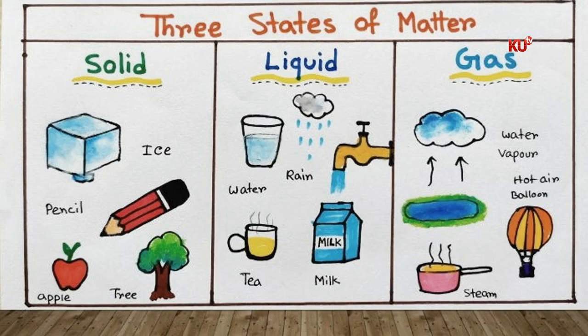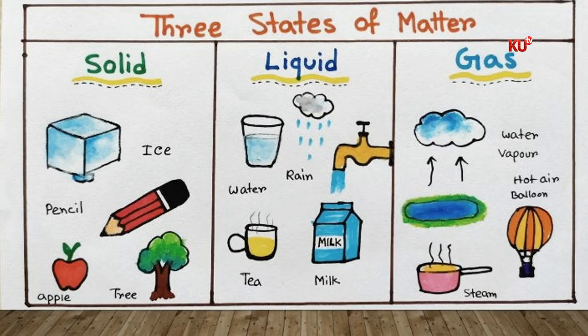And then we also have examples of gases. Like we have water vapor. You can see some water vapor evaporating from a water body. As it evaporates, it is in the form of a gas. You can also see some steam coming from boiling water. So steam is an example of a gas.